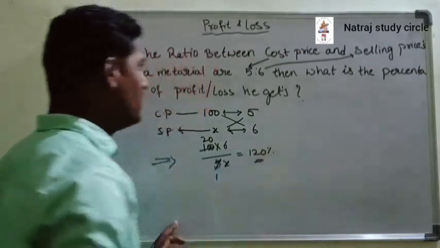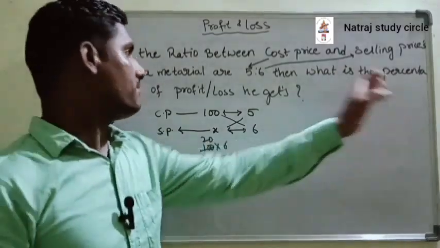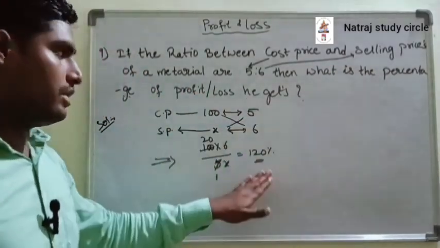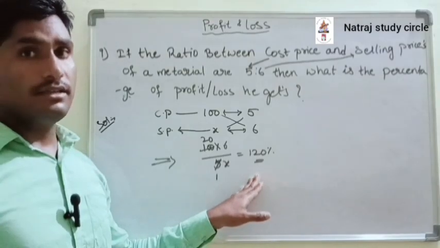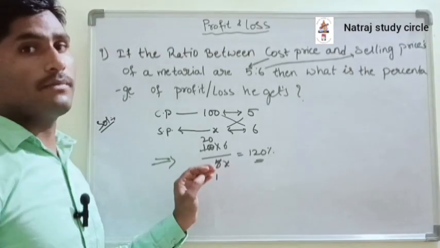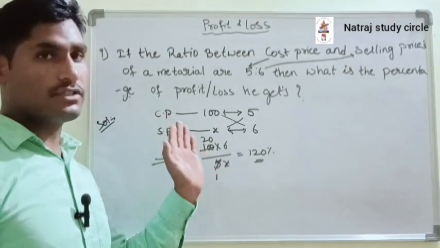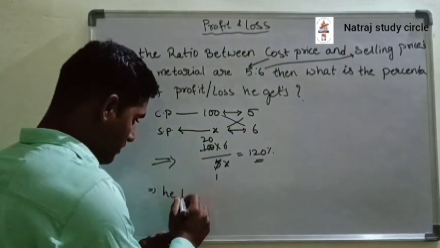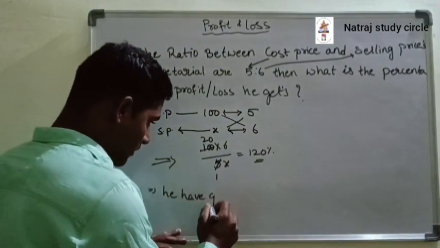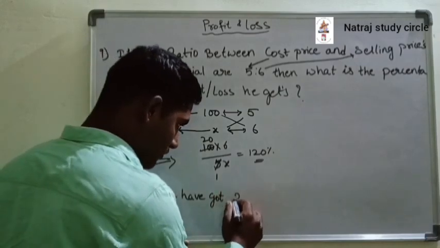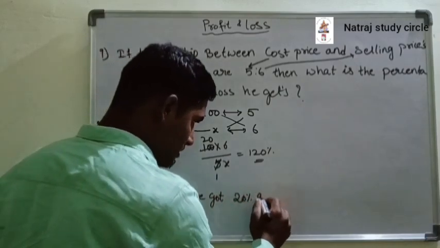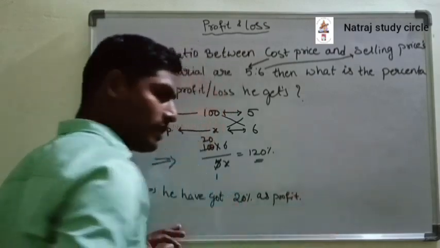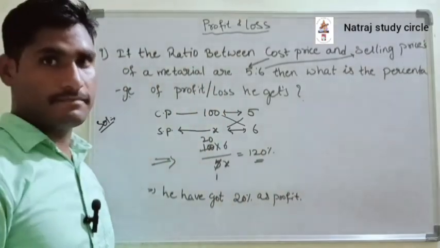So what is the percentage of profit or loss he gets? As it is more than the cost price, it is profit. So here he has got 20% as profit.